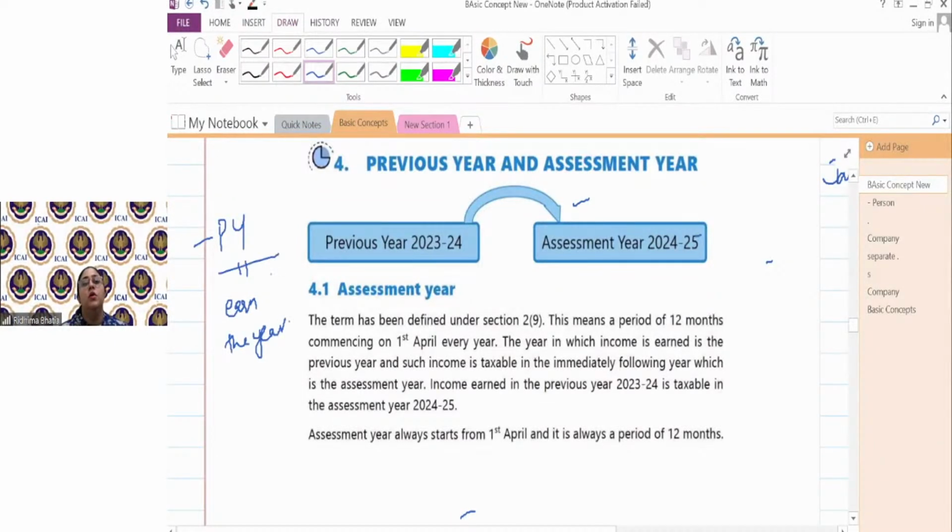The year in which you earn the income. That is the period in the financial year in which I'm earning the income. That would be a previous year. So if I'm earning the income in this year, the previous year is 23-24.